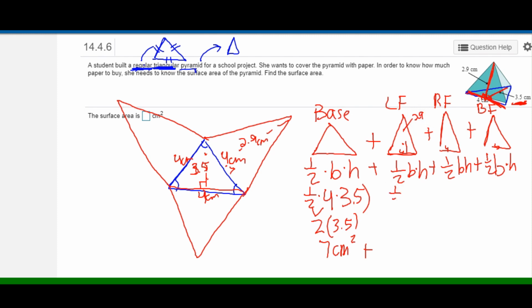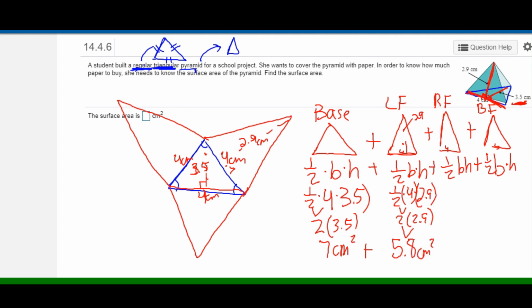So I'm going to substitute. My base is 4 and my height is 2 9/10. Once again, I can take half of 4, which is 2, times 2 9/10, and that's going to be the area of the triangle face: 5 8/10 centimeters squared.